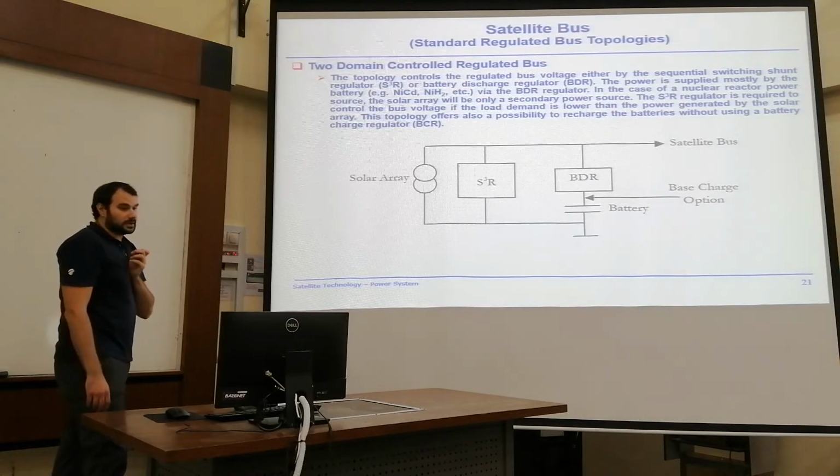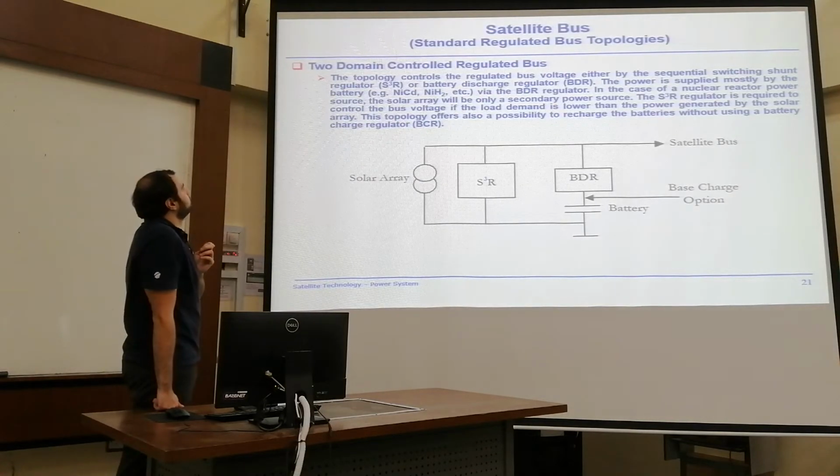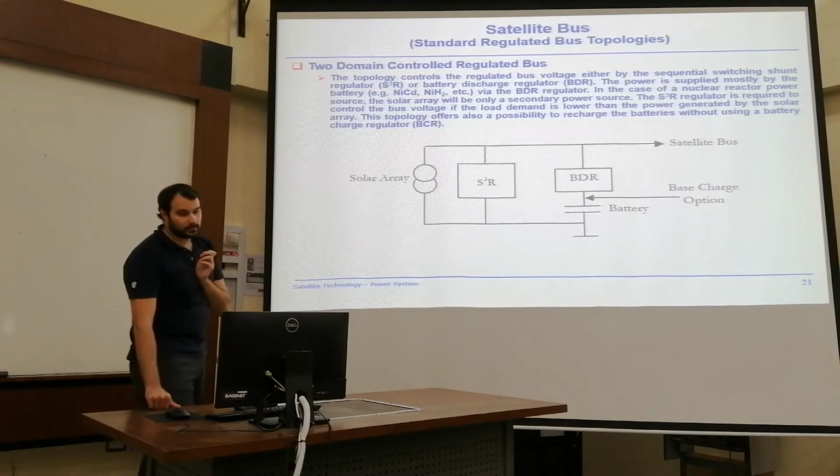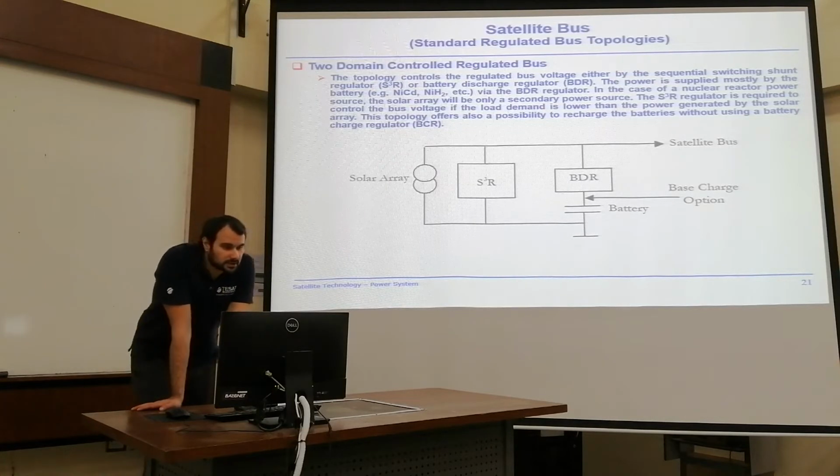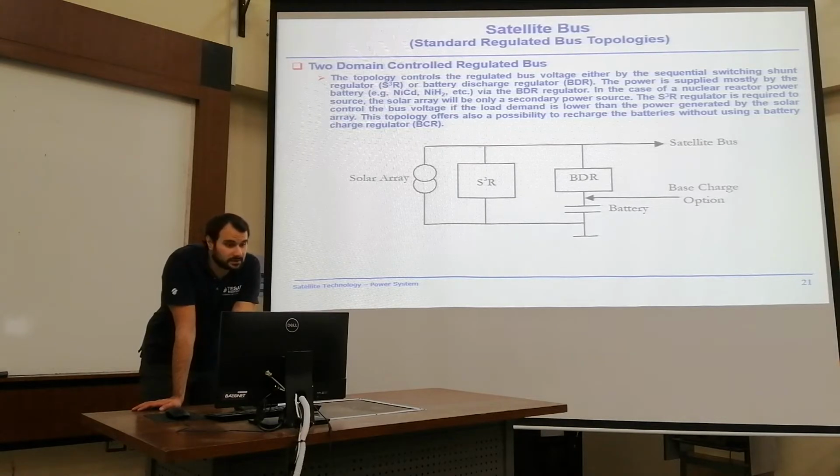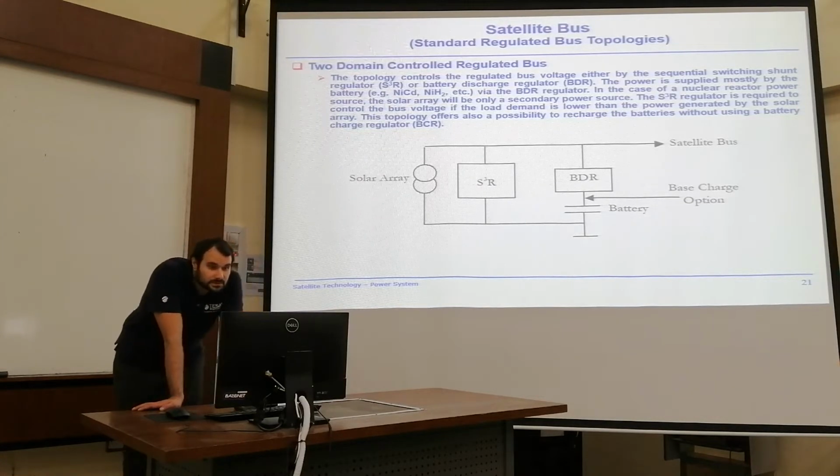In the 2-domain controlled regulated bus, this topology controls the regulated bus voltage either by the sequential switching shunt regulator, again the S3R, or the battery discharge regulator, BDR. So we don't have a BCR unit here. The power is supplied mostly by the battery via the BDR regulator.